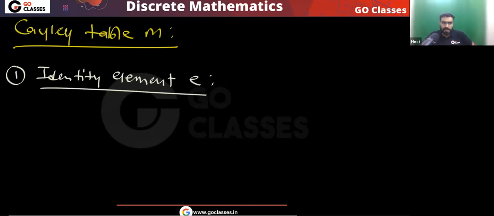Very simple. The row of E will be the same as the header, and the column of E will be the same as the header. So you can see that the identity element has this structure.